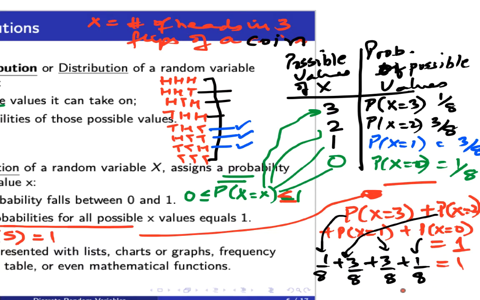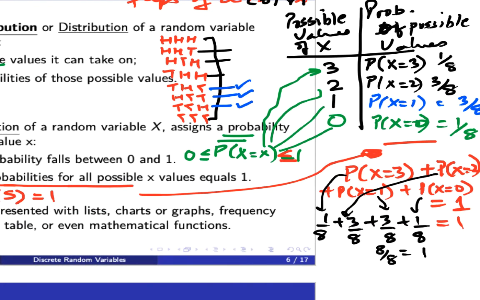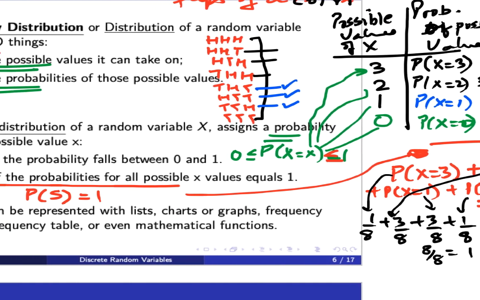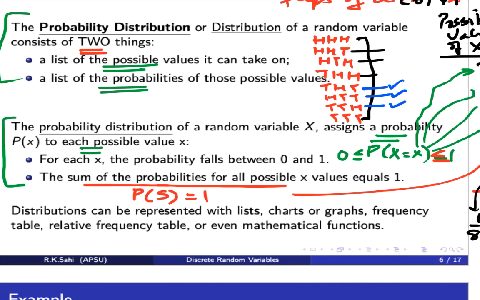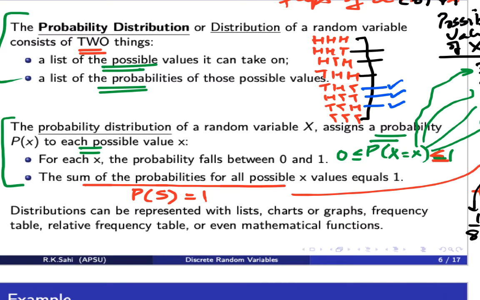Now let's do the addition on this part. What is it? 8/8, isn't it? The left hand side says 8/8, which is equal to 1. And we are done. So this slide, guys, is a very, very powerful slide. Okay, the slide number 6, very powerful.